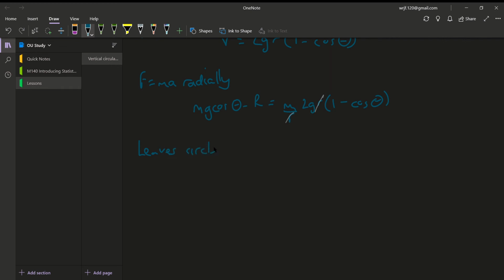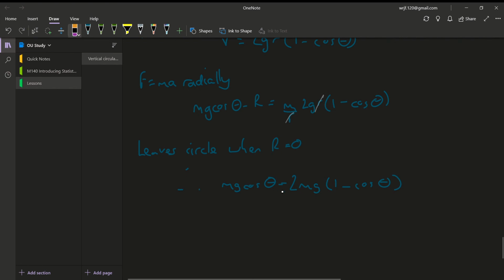So it leaves the circle when R equals 0, and so we can just remove R from this equation to leave us with mg cos theta equals 2mg(1 minus cos theta).